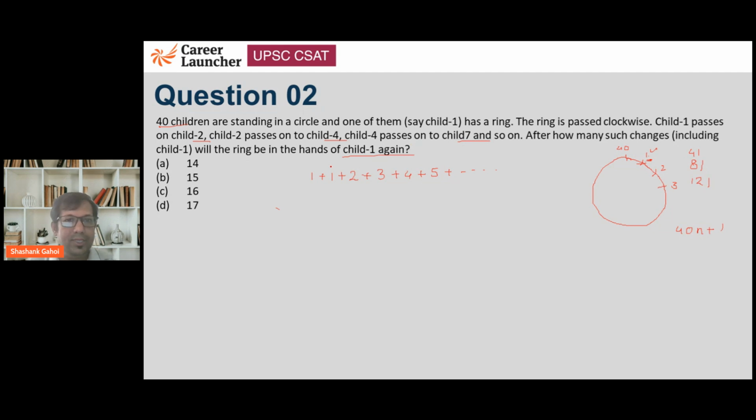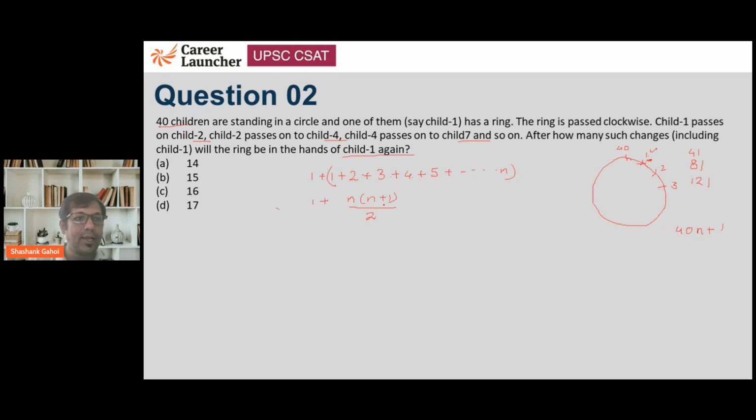Okay, so basically it goes to n, and it should be in the format of 40n plus 1. Now I know that 1 plus 2 plus 3 plus 4 plus 5 up to n is actually n into n plus 1 divided by 2.